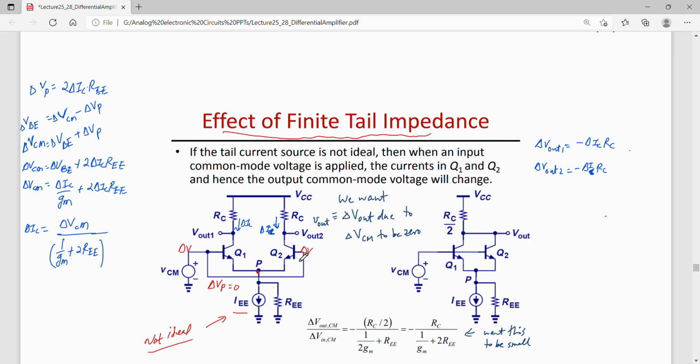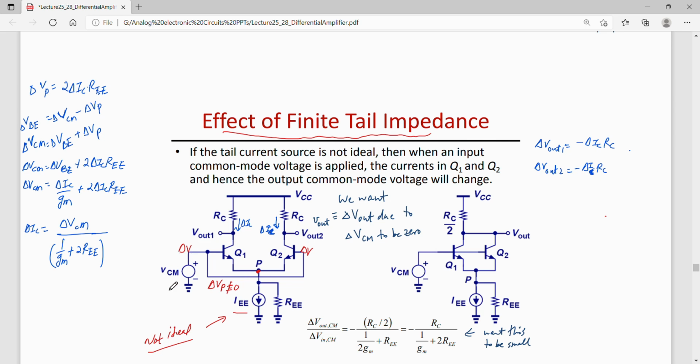For this small change in the input voltage, this Vp was fixed. So delta Vp was 0. That was the case when this source was ideal, that is, when it was associated with infinite tail impedance. But now in this case, we have a finite tail impedance. So this source is not ideal, and delta Vp is not 0 in this case.